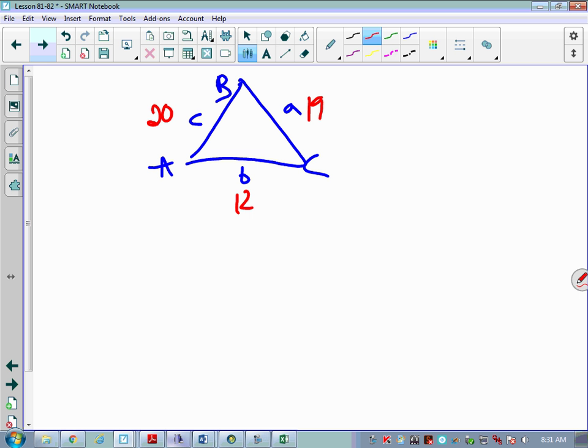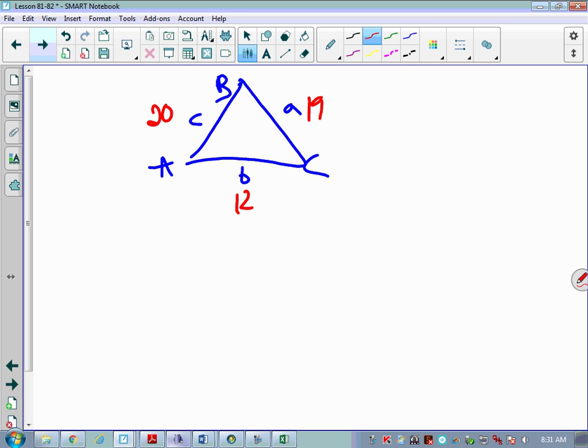Okay, so solve the triangle, which means we have to solve all the missing parts, which means we have to find at least 2 angles, and then we can sum up the rest, right? So this one is a little bit... Couldn't we... Oh, wait, no, we can't, because there's no angles there.